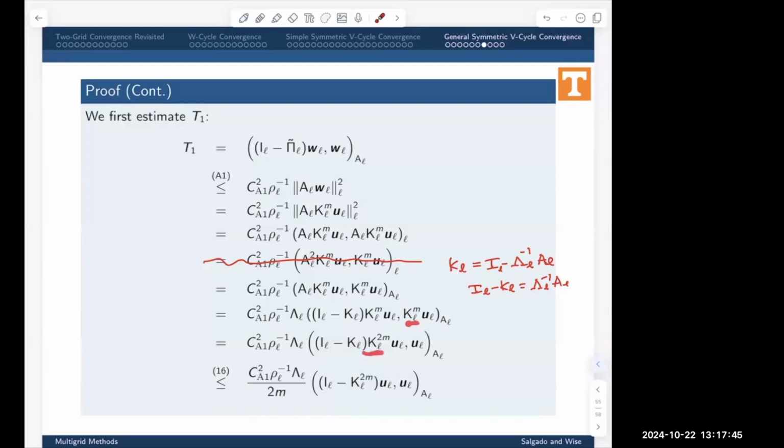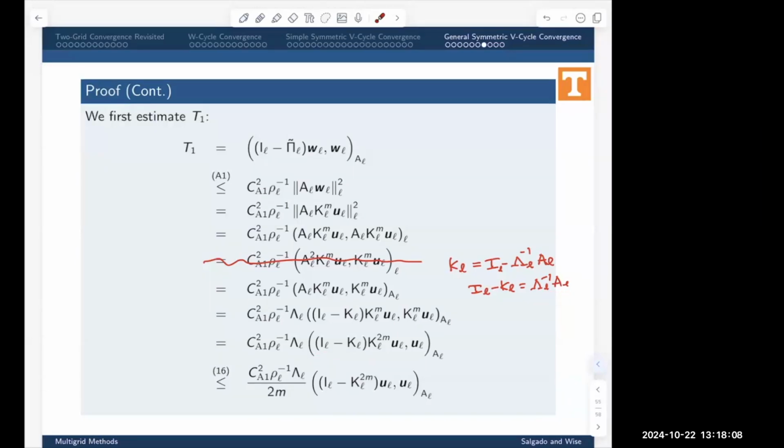So the KL that was here first moves over here, and then it moves over here because of the commutative property. It's very easy to see that, because that thing is only something like the A matrix anyway.